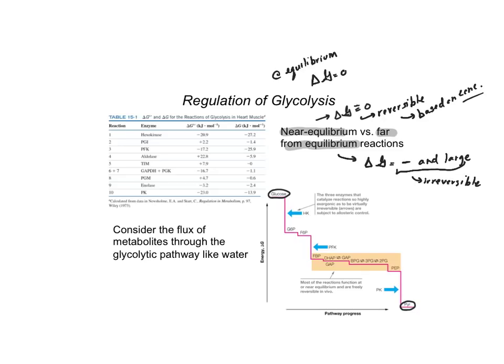Okay? So because of that, do you think that we can control the rate of the forward and reverse process based on concentrations? No, right? And so these far from equilibrium reactions, we essentially cannot control based on concentrations. What other means do we have by which we can control the rates of reactions?